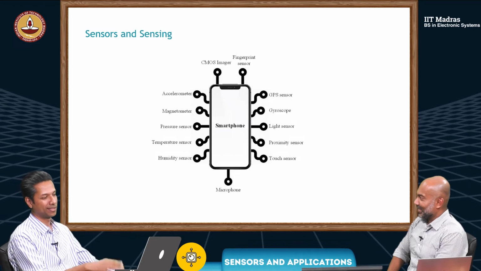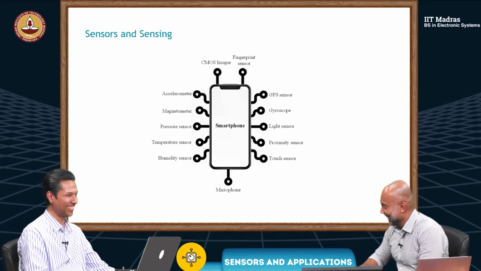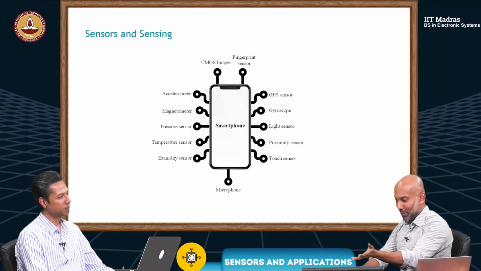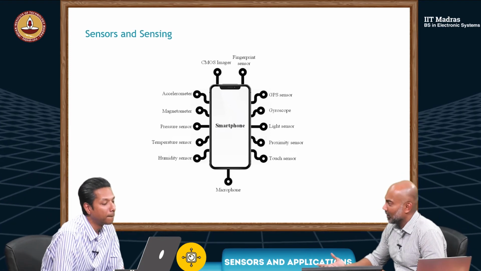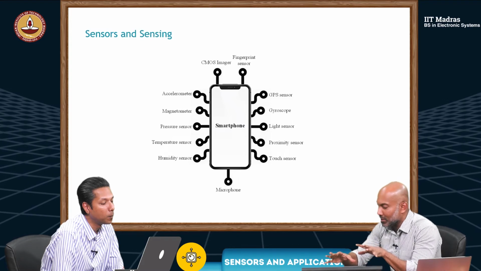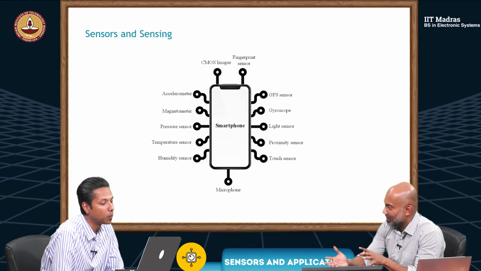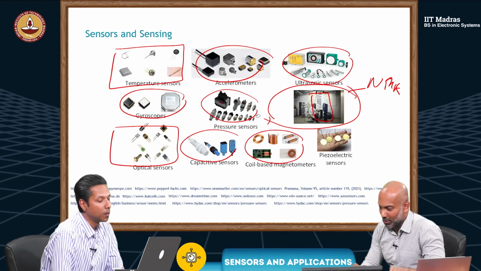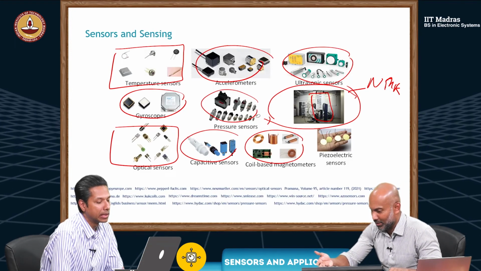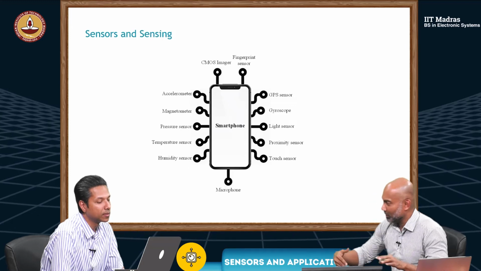Daily playing with this so many hours. And there are so many different types of sensors here. How is it possible? How can you fit all these different types of sensors in a phone? If you go back to this, they're not pretty big sensors. But how do you fit all these different types of sensors?